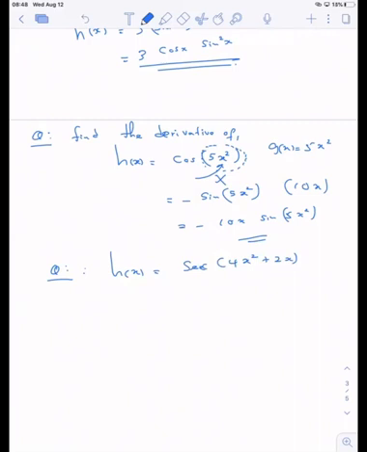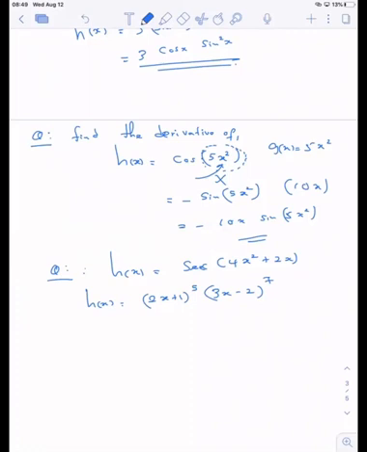And then there will be another one. Let me give you a different one: h(x) equals (2x plus 1) to the power 5 and (3x minus 2) to the power 7. Try to differentiate these two functions and find the answers at home.